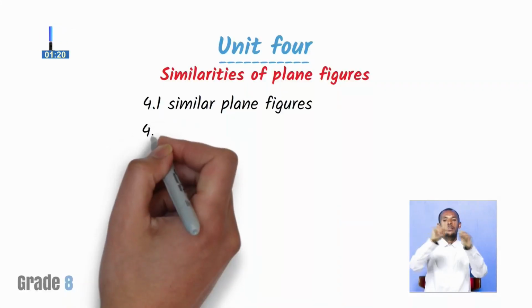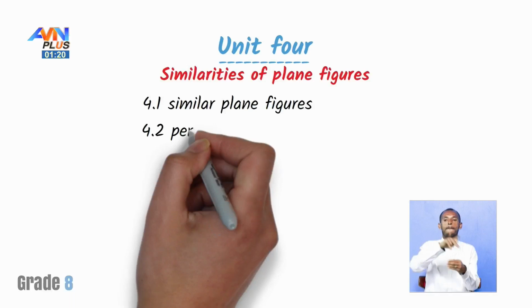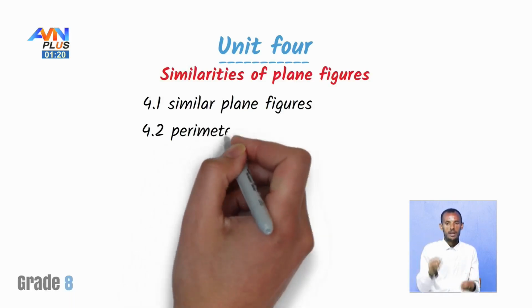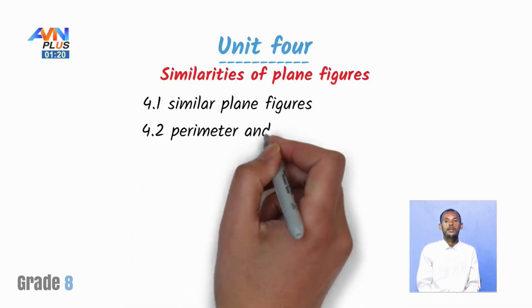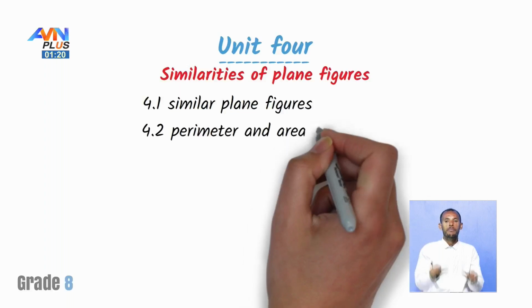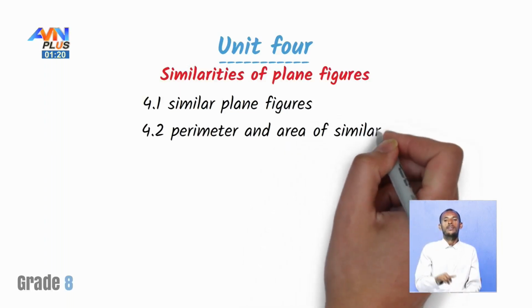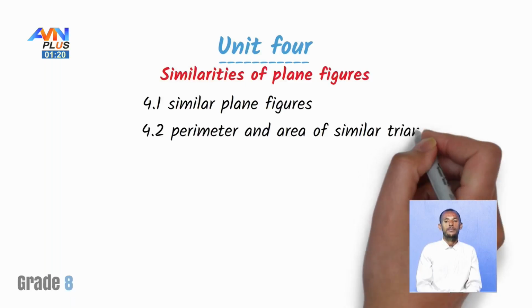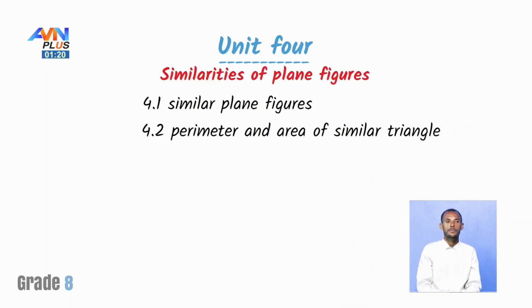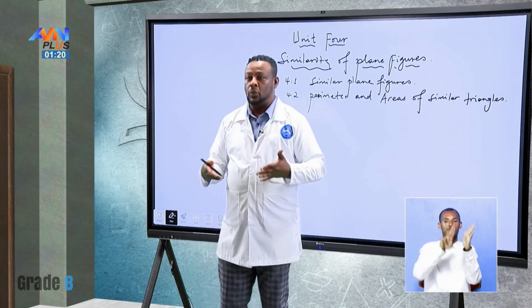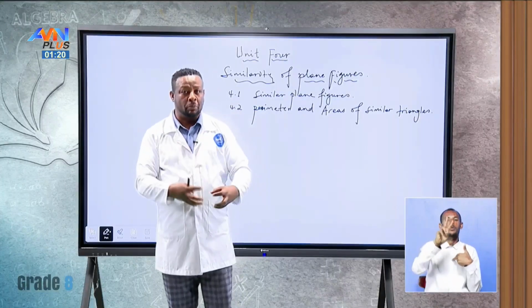Perimeter and areas of similar triangles. So in this unit, we have two major subtopics.